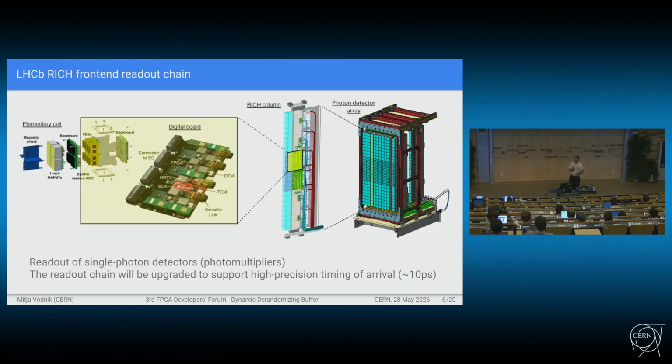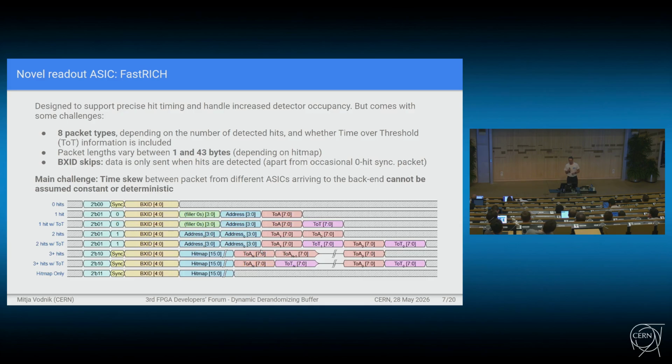So we will get a new ASIC, which is called FastRICH, and it will come with several other complications. Because of the high pileup of the high-luminosity detector, it will use a bit of a complicated readout format.